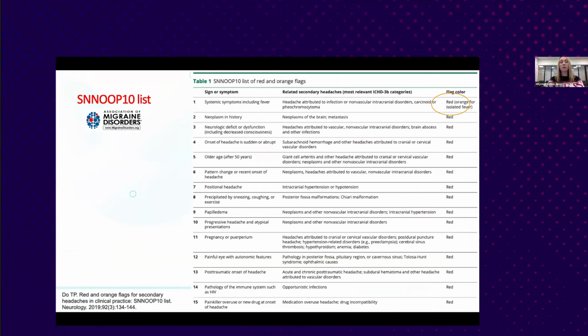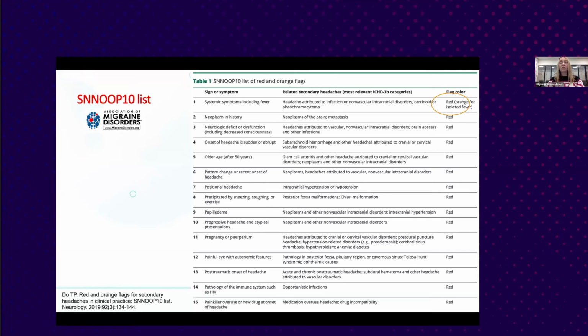It was published in 2019, and it's very extensive, and it talks about systemic symptoms, neoplasms, neurological deficits, older age, pattern changes, positional headaches, precipitation by coughing and sneezing or exercise, the presence of papilledema, the presence of progressive headache and atypical presentations, pregnancy that we spoke of, painful eye with autonomic features, post-traumatic onset of headache, pathology of the immune system, specifically HIV, painkiller overuse, or any new drug at onset of a headache. So those are red flags.